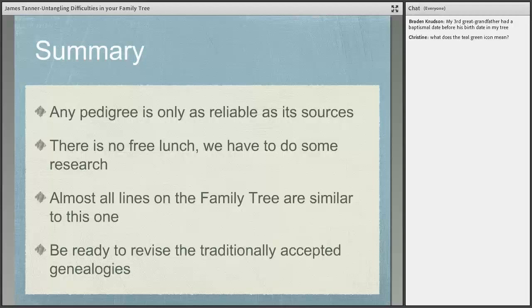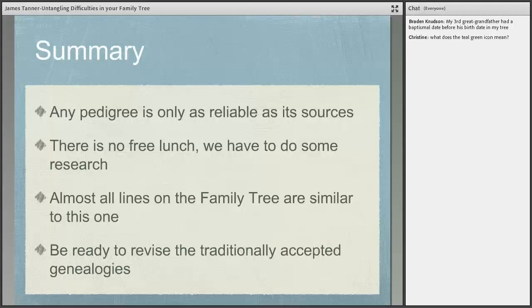Another thing that's important is that almost all the lines on the family tree are similar to this one. I've kind of had a standing challenge out there to the world. I've said over and over again that if you give me 10, 15 minutes with your family tree, I can show you on FamilySearch or any other program where they break down, where you have information that's unsupportable, and you can't claim that it's correct.